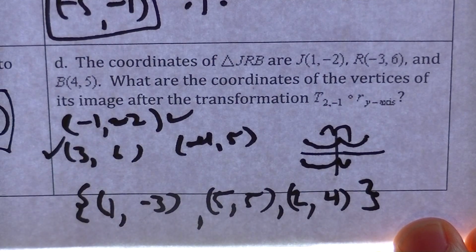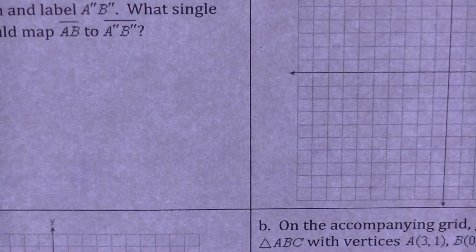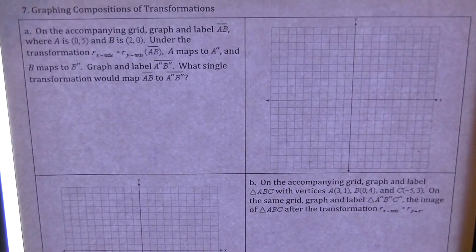And these are all of my coordinates after that series of transformations. Whew! All right, final page, and then we are finished with all the review packets. Let's zoom out a little bit and finish up here.